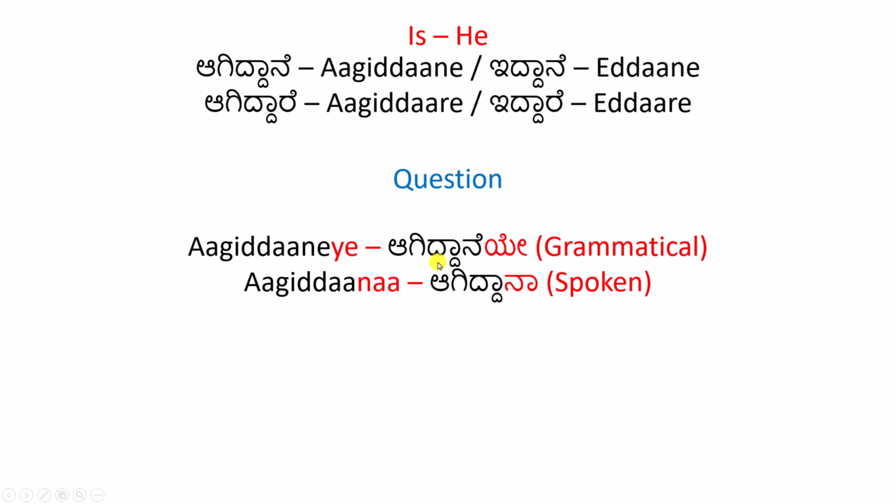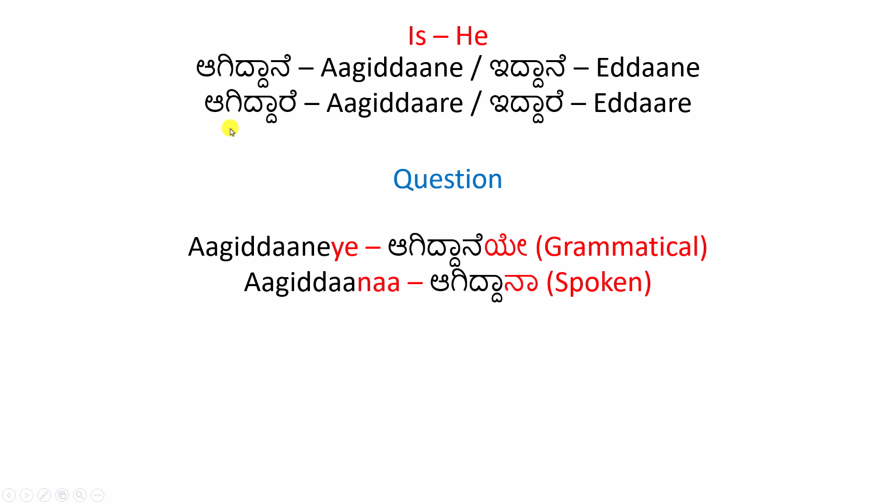Here we have added ye to this word. This is grammatical. Over the time, people have reduced this to ಆಗಿದ್ದಾನ, and this is spoken.